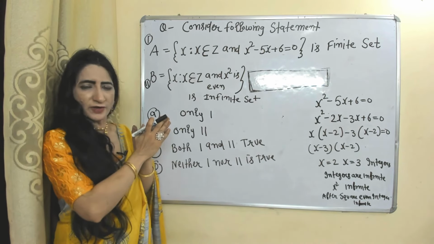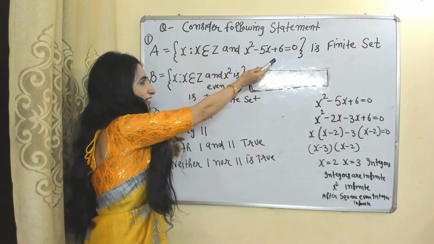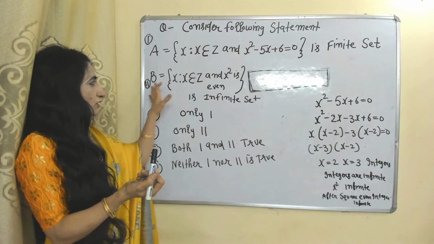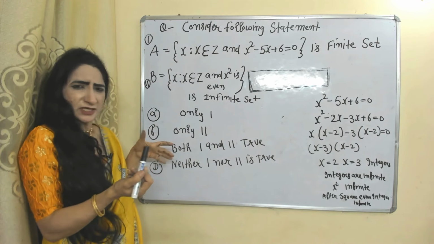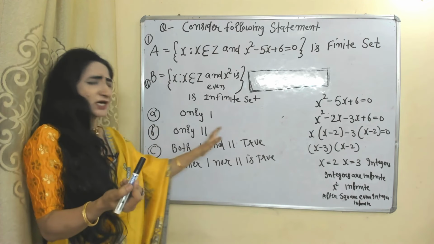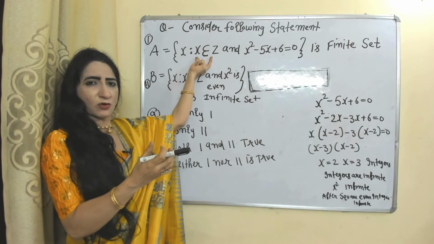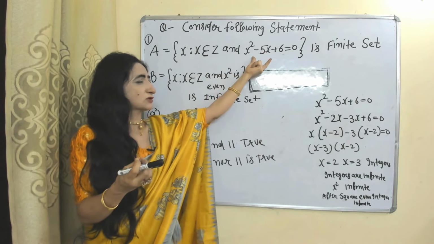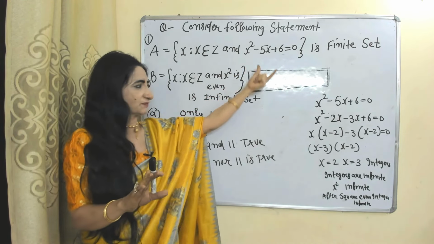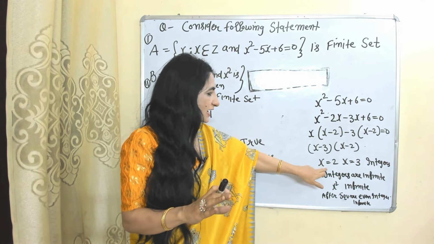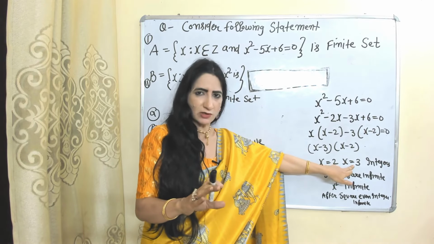Consider following statement. This is finite set. This is infinite set. We have to tell only first statement is true or only second statement is true or both are true or both are false. Here you can see our x belongs to positive integers and also satisfy this condition. When we split the middle term and solve this equation, x is equal to 2 and x is equal to 3.